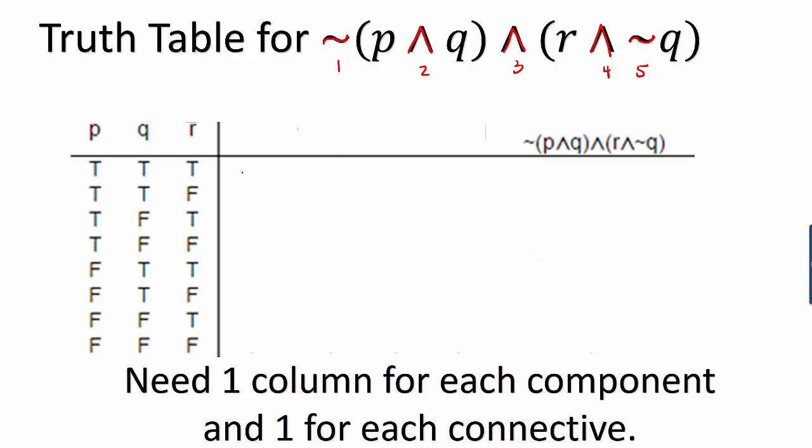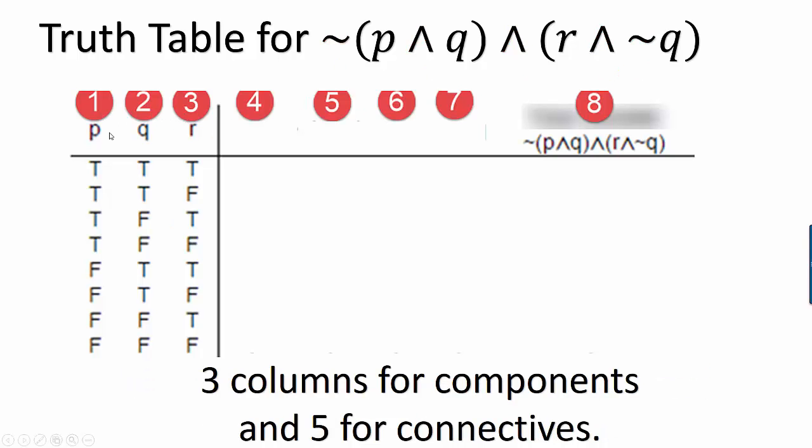You are always going to have one column for each of the components and then one column for each of those 5 connectives. 8 columns in this diagram. 1, 2, and 3 would be the P, Q, and R columns. 4, 5, 6, 7, 8 would be the remaining columns, with the 8th one being the entire statement.